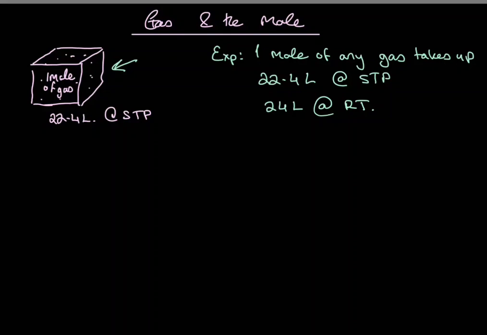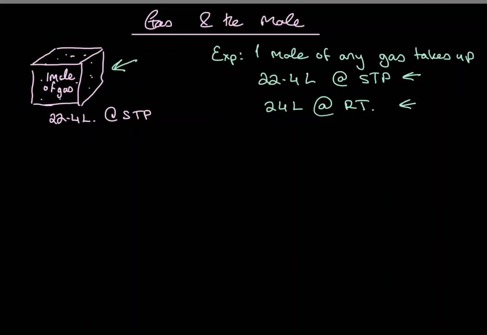So those two numbers are quite important to us if we want to figure out anything to do with mass, density, the mole, how many moles of that gas is present, because we immediately already know that 1 mole takes up that much space, depending on the temperature and pressure, of course.